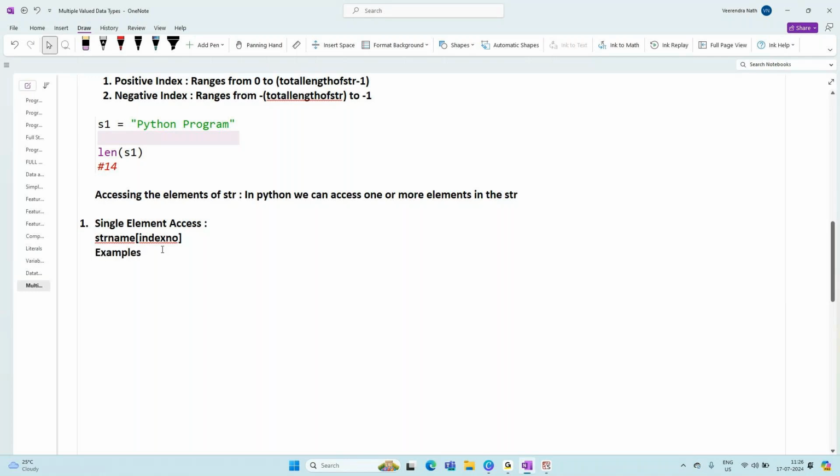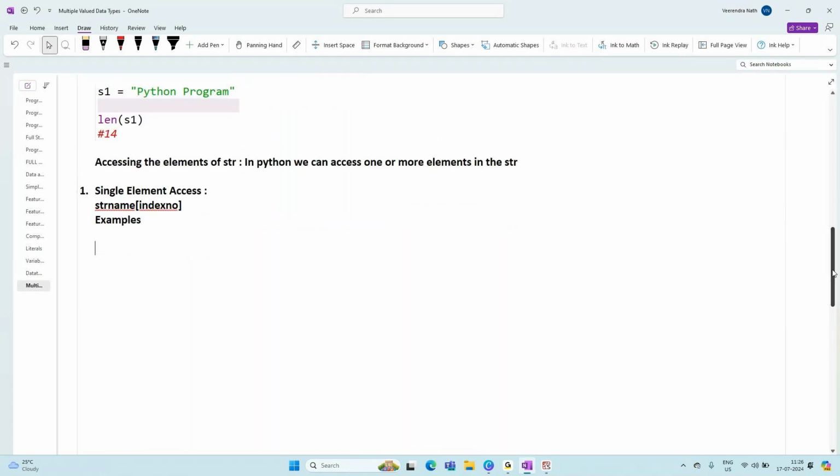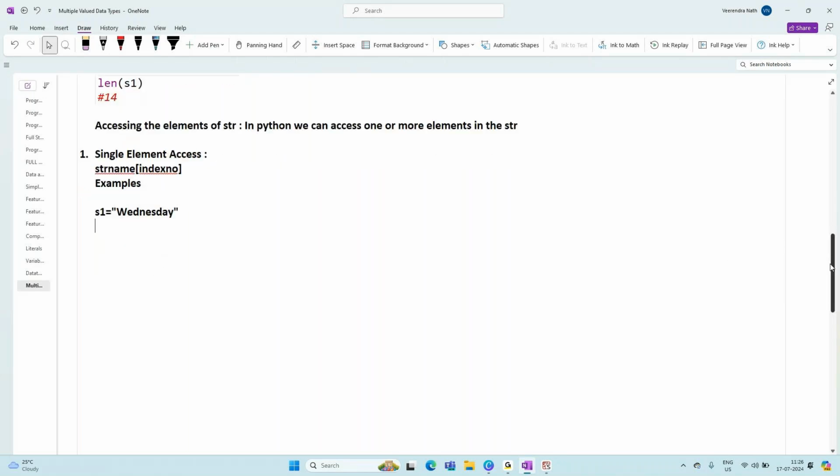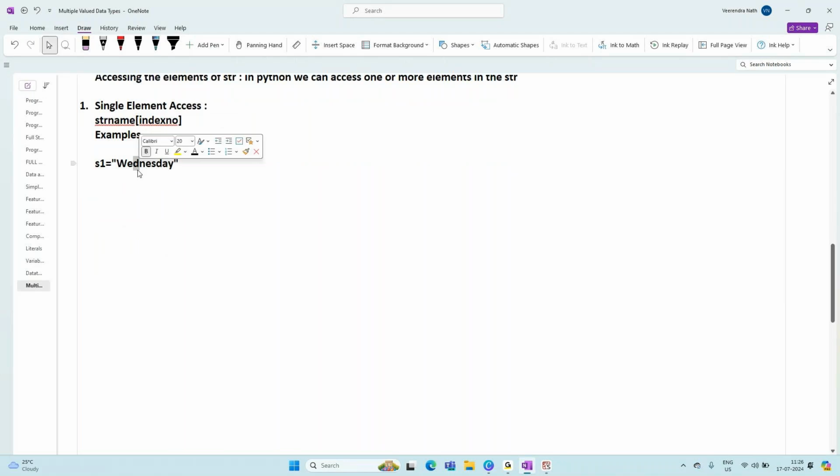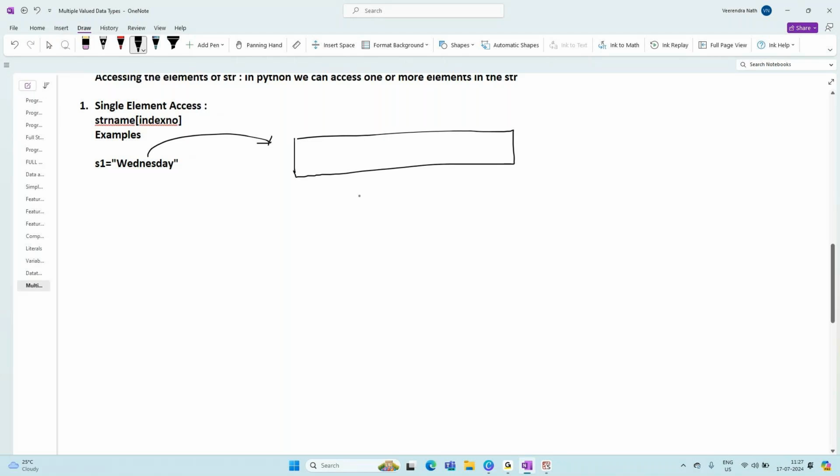Now examples. Let's say, okay, we will go for a smaller one. S1 is equal to Wednesday. Now I want to access this D. Always keep this in your mind or on a piece of paper when you are doing a program.